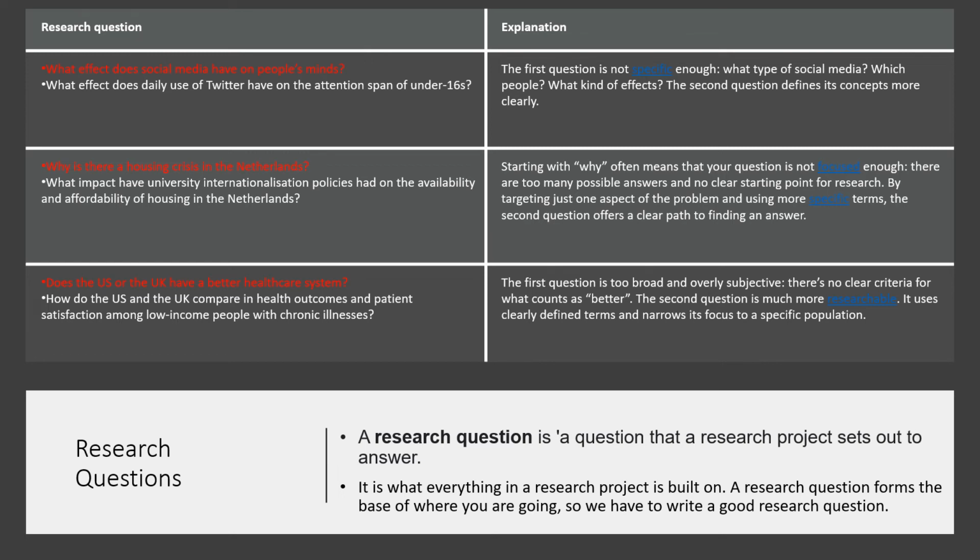How about if we convert it into how do the US and the UK compare in health outcomes and patient satisfaction among low income people with chronic illness? Okay, people, don't you think that the second question is more reachable? Okay, it uses clearly defined terms and basically narrows its focus to a specific population.